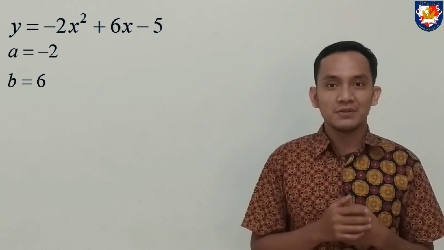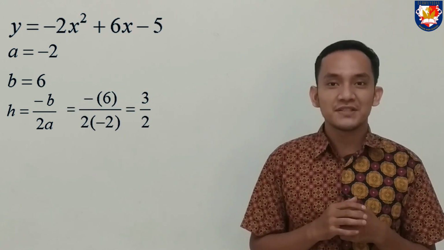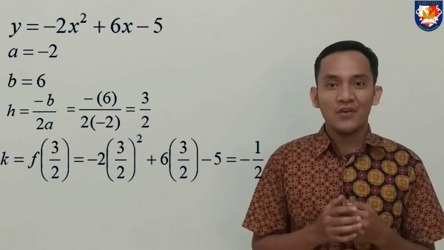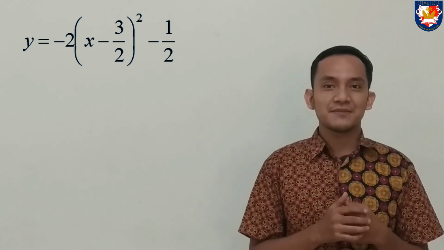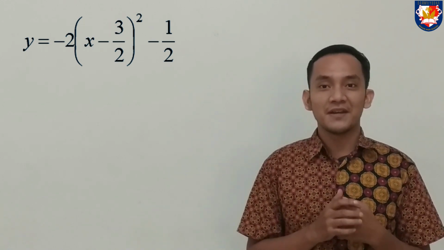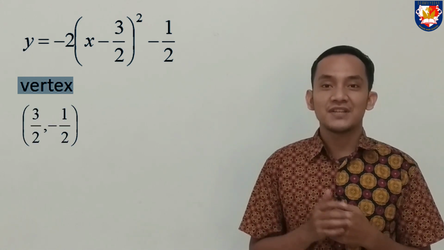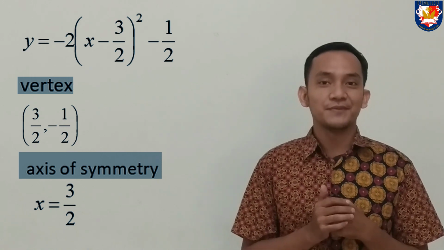So the value of h will be minus b over 2a, or minus 6 over 2 times minus 2, and the result will be 3 over 2. The value of k, or f(3 over 2), will be minus half. And then y equals minus 2 times (x minus 3 over 2) squared minus half. The vertex itself is (3 over 2, minus half) and the axis of symmetry is x equals 3 over 2.